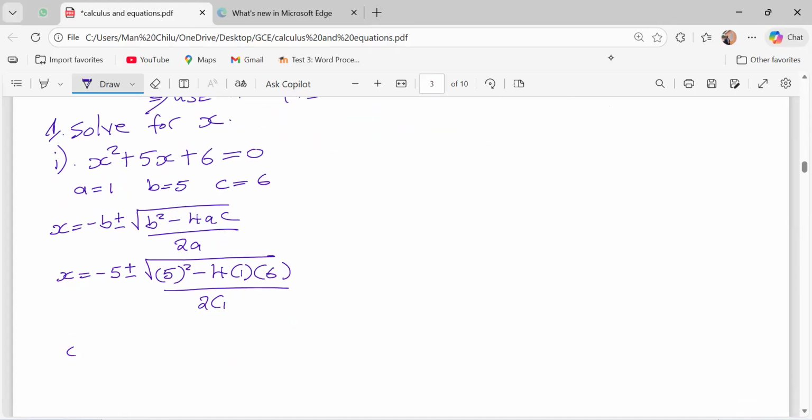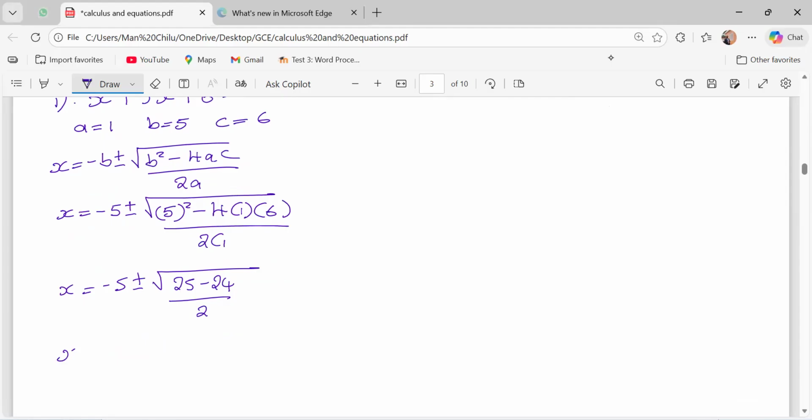So x will be equal to negative 5, positive or negative, square root of 5 squared, that's 25, minus 4 times 1, that's negative 4, negative 4 times 6, that's negative 24, over 2.